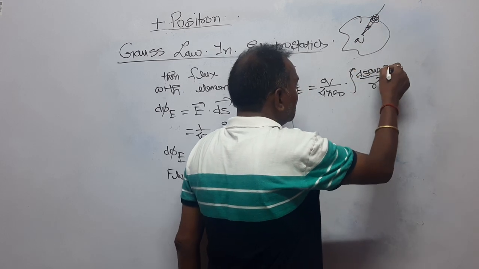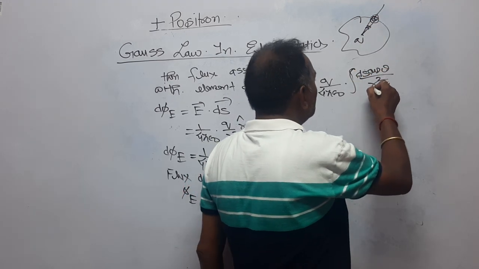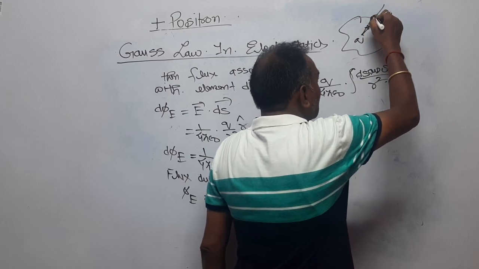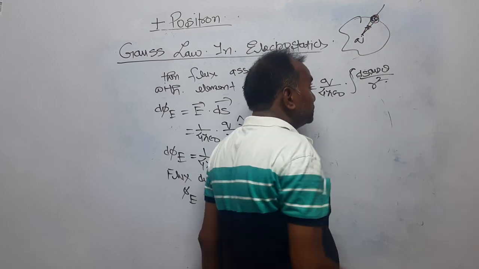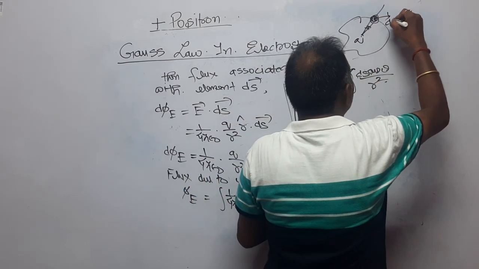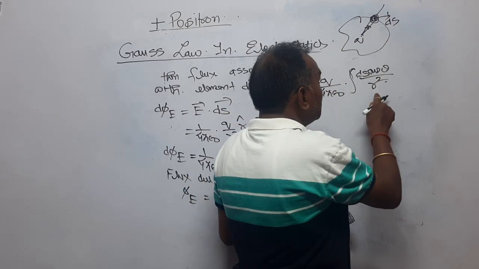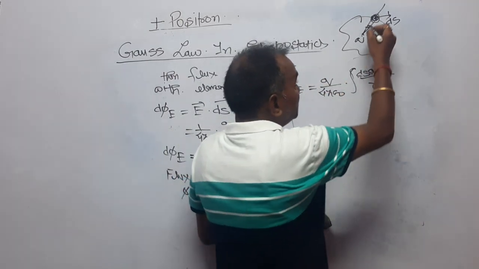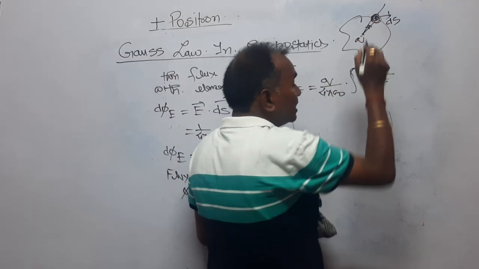The integral ds cos theta upon r square is the solid angle made by this area element at charge q. Here ds is this area element, dear students. ds cos theta upon r square is the solid angle subtended by this small element at charge q.